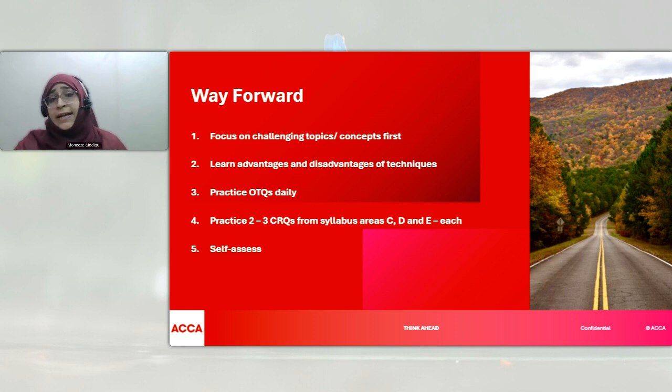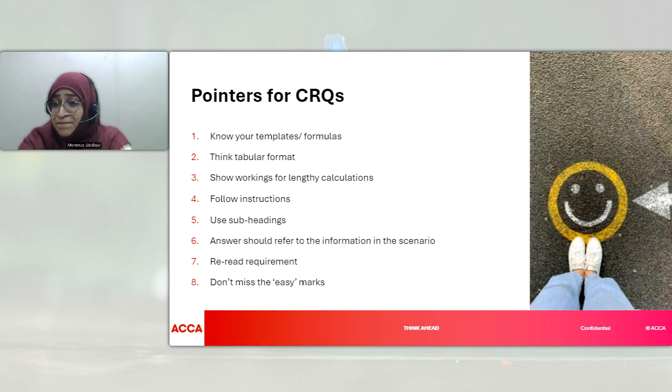Self-assessment, I've already highlighted. And then, because that was one of the questions that I had picked up on, some of the pointers that I would like to highlight for CRQs, some of them are repetition. Know your templates, know your formulas. So make sure that you stick to the recommended templates for any computation for budgeting specifically, for example. Of course, it will be guided by the information that's available in the scenario.